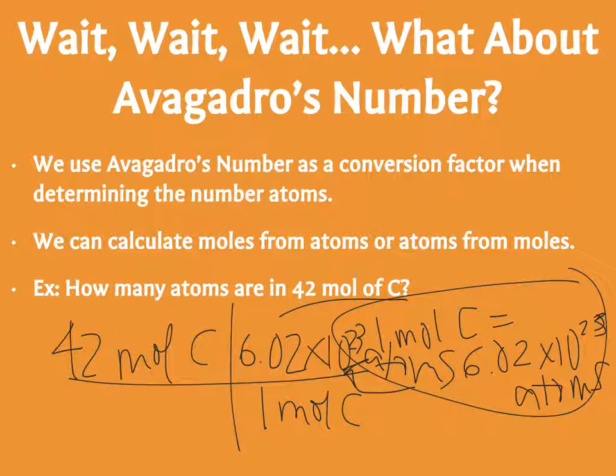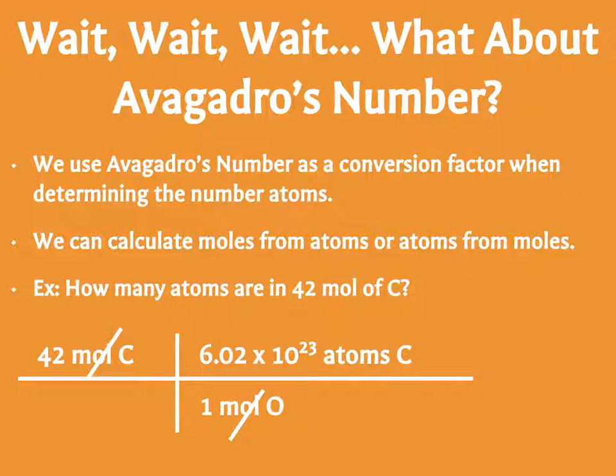Now let's clean this up. So we multiply across the top. So now this is where it gets a little bit tricky and where you have to be really, really familiar with how your calculator works. So across the top, I would put in 6.02 times 10 to the 23rd first if I was concerned about my scientific notation. But you're going to end up taking 42 and multiplying it by 6.02 times 10 to the 23rd.